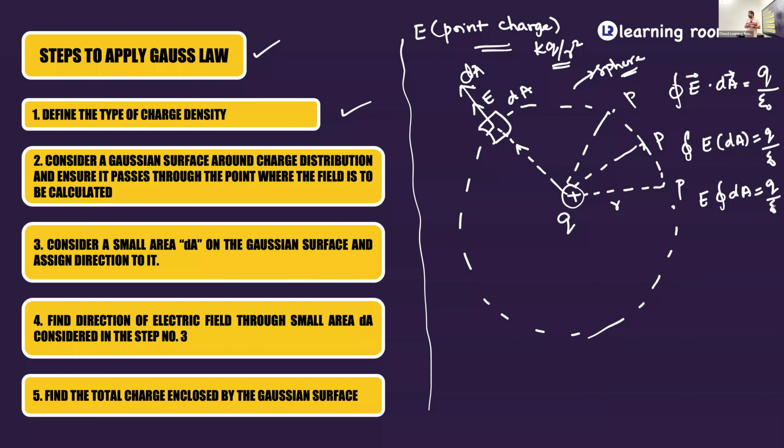Now the question is, on the sphere, if you add all the values of dA, what are we going to get? You will get the surface area of that sphere. Okay. So let me see if I'm able to explain it visually. 1 minute.